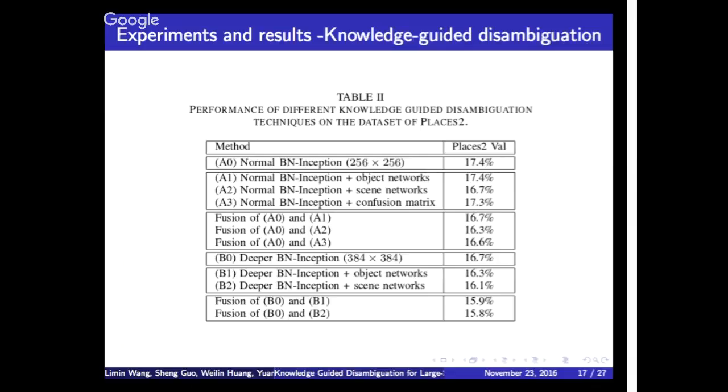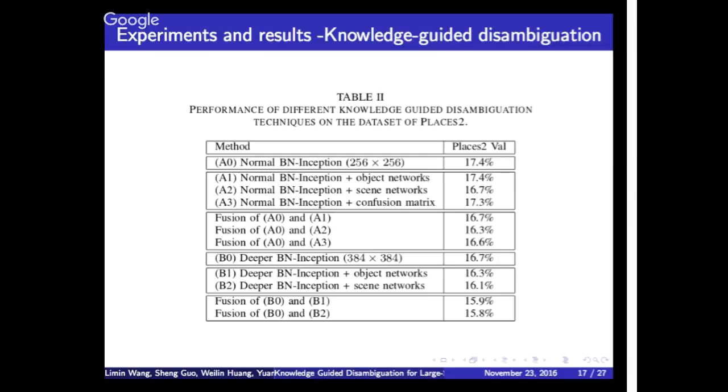Then they tested the knowledge-guided disambiguation. Here you can read it. They tested in several models: the normal batch normalization network against the deeper batch normalization network and different combinations.